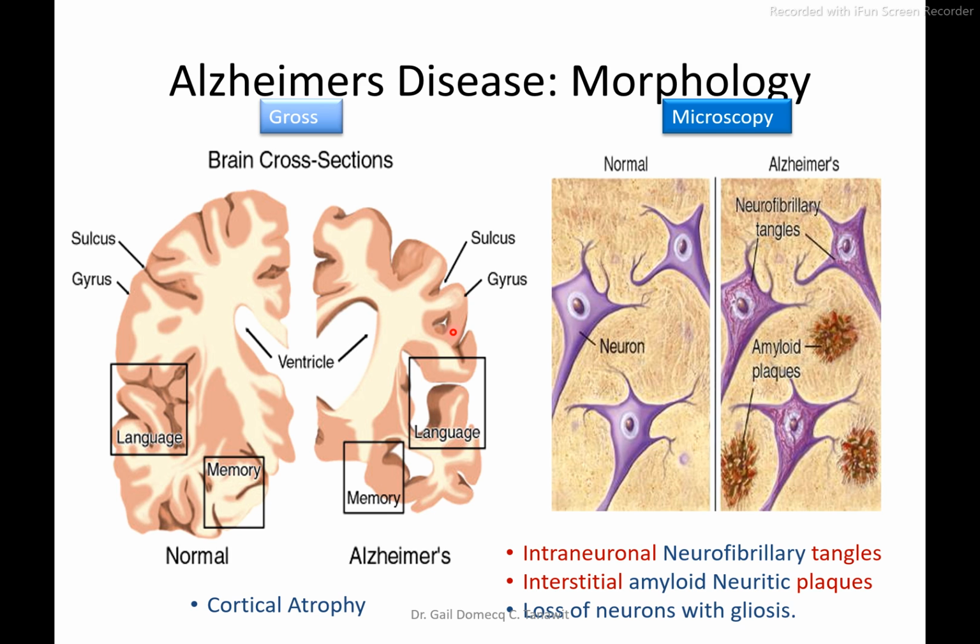So intraneuronal will be the neurofibrillary tangles, while your interstitial would be the amyloid neuritic plaques. And of course, there would be cellular death of the neurons, and it would lead to gliosis, or glial cell proliferation.